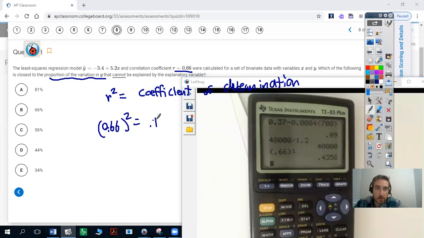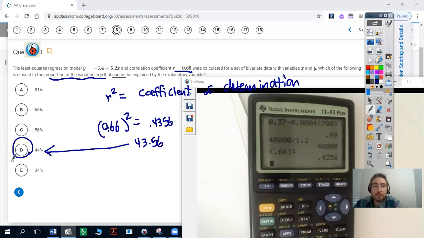So that means 43.56 percent of the variation in y could be explained by x. Not too good, but that'll be your 44 as the closest number there. All right, next question.